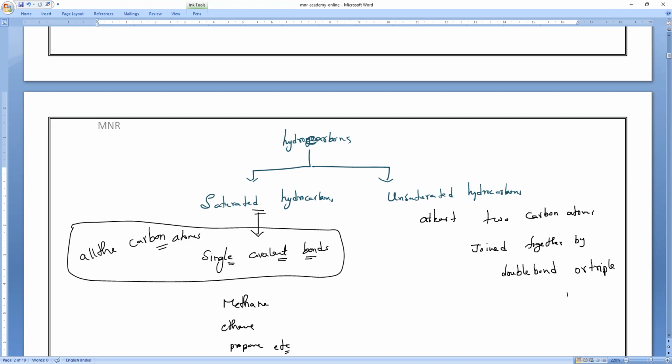That is what you have to remember. Either at least one double bond or at least one triple bond. We call it an unsaturated hydrocarbon.